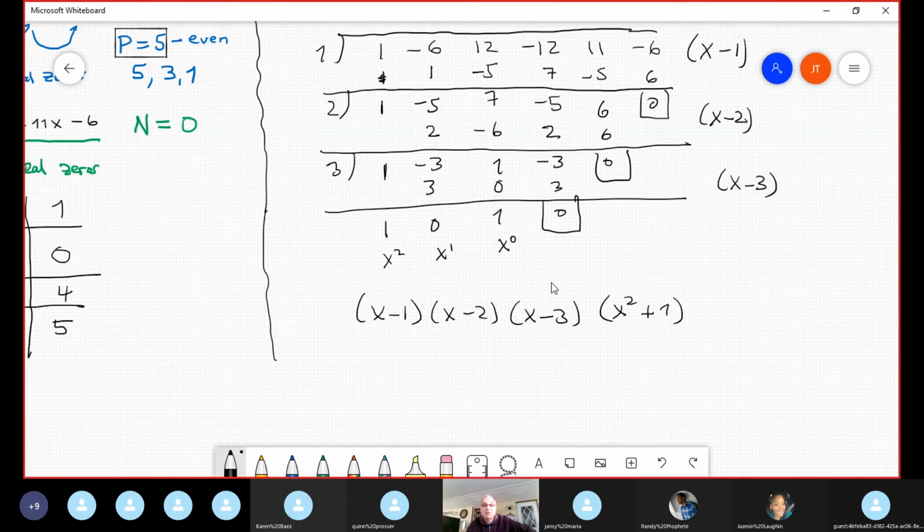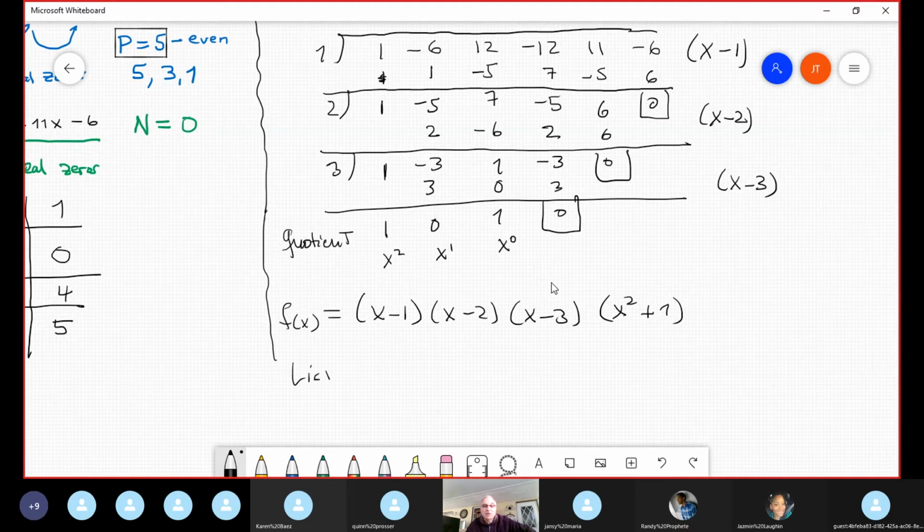Remember, this is missing, so the quotient has no term that contains x to 1. This is the factorization for our polynomial.